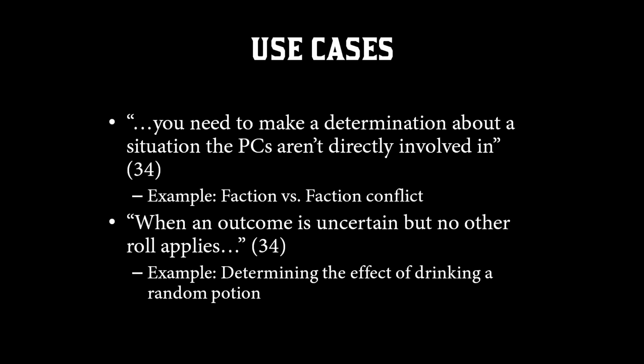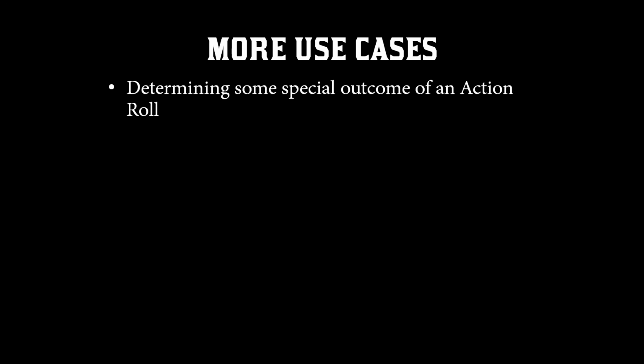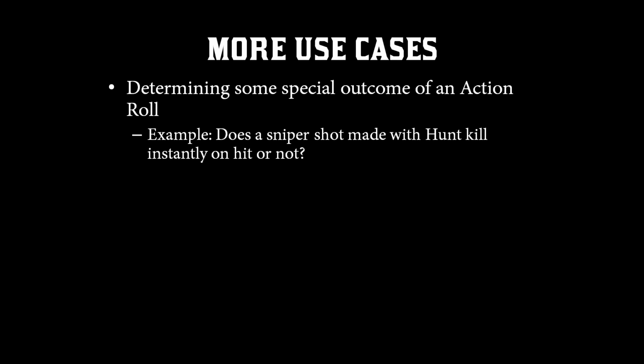Alright, so let's continue here. More use cases. Determining some special outcome of an action roll. So this is not the action roll, but what the outcome of the action roll is. For example, does a sniper shot made with Hunt kill instantly on hit or not? You might say, well, that should just be determined by the effect level, right? Well, yes, perhaps.